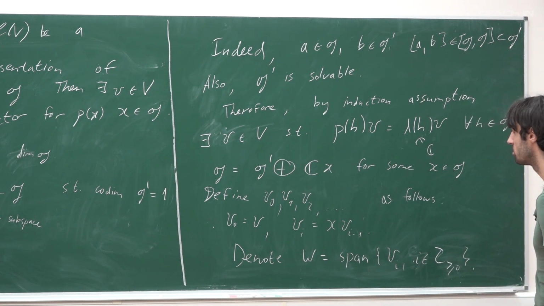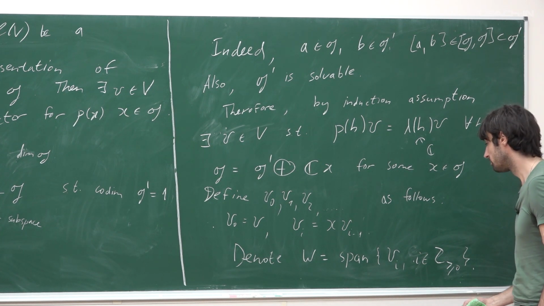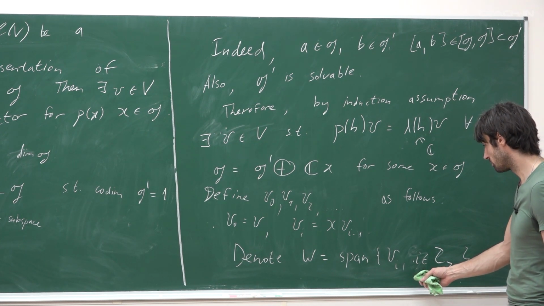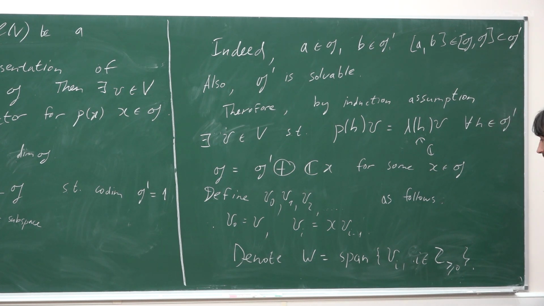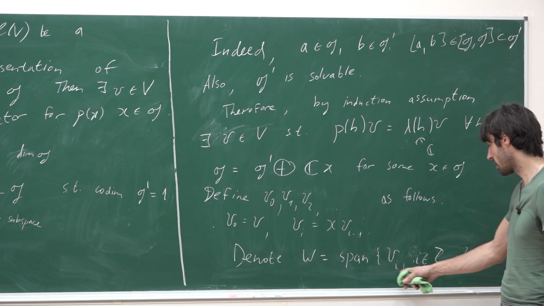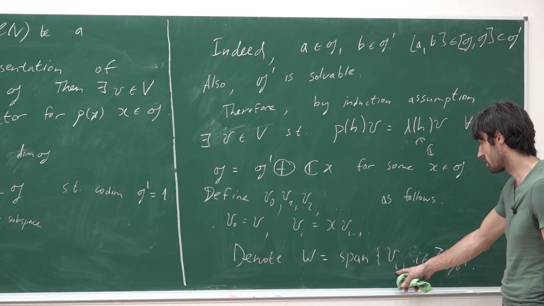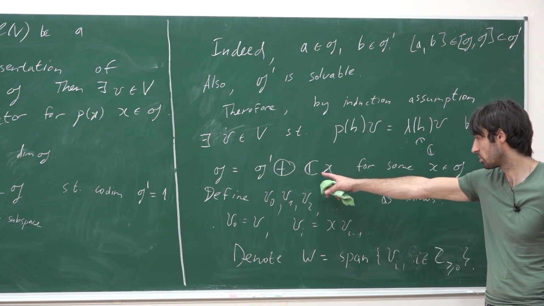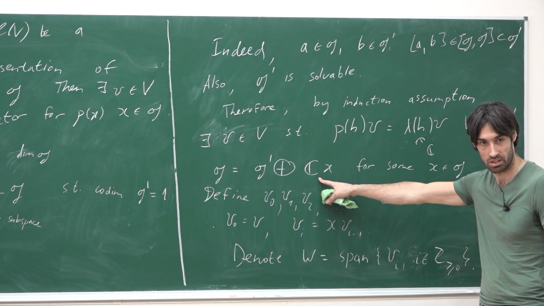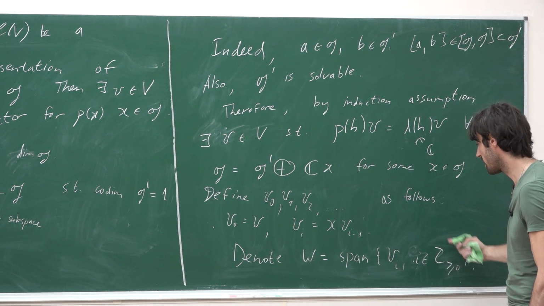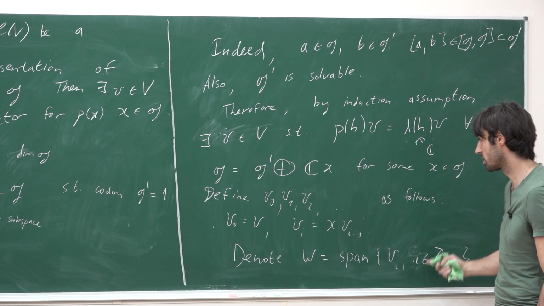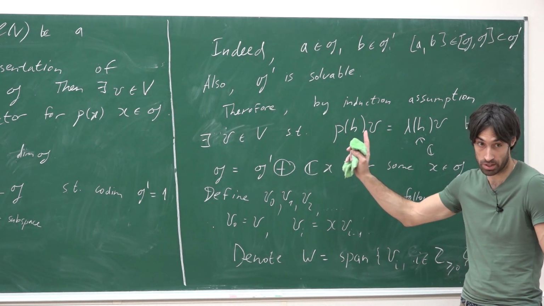Then we will be almost done, because W is an invariant subspace with respect to this Cx, so it has an eigenvector for x. At least one it does have.